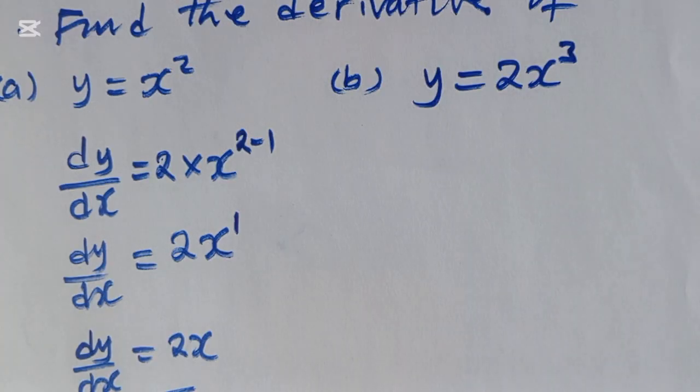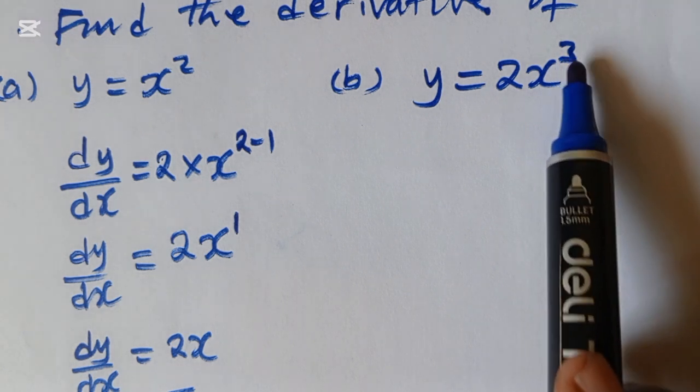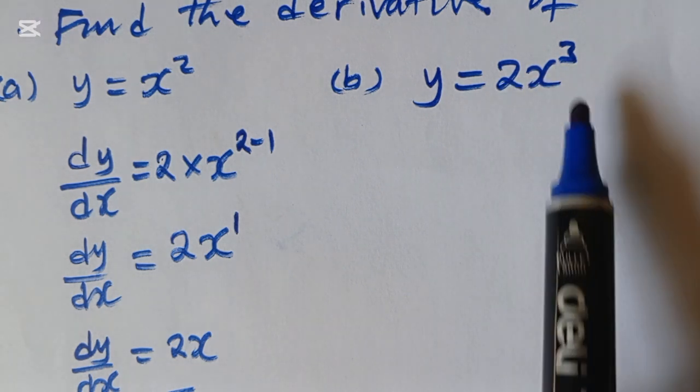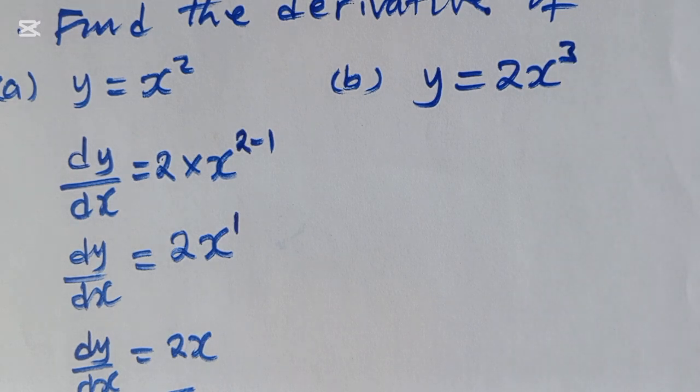Part B, find the derivative of y is equal to 2x to the power 3. Remember, the first thing we need to do is multiply this power with the 2. Then we reduce 3 by 1.